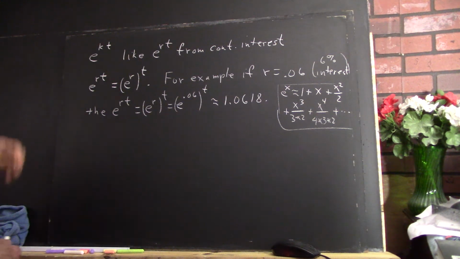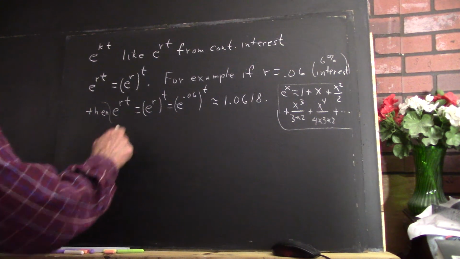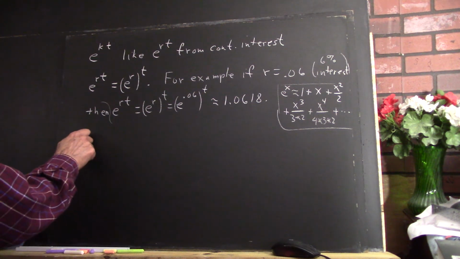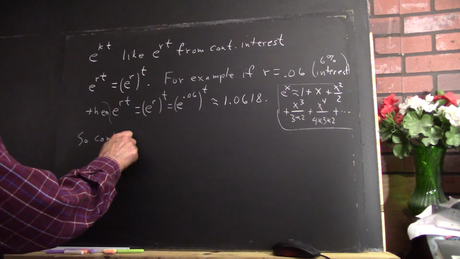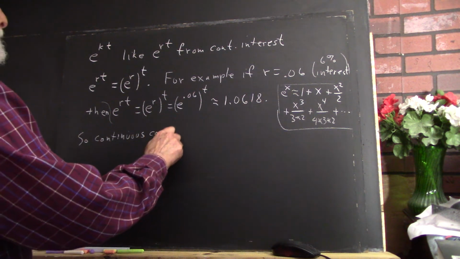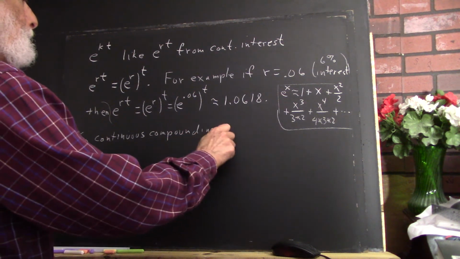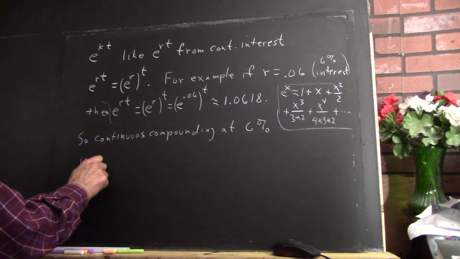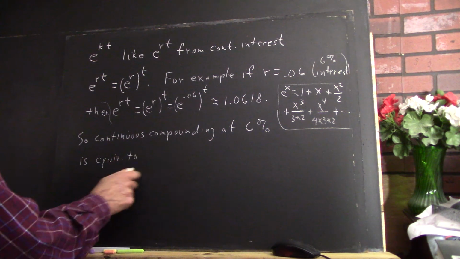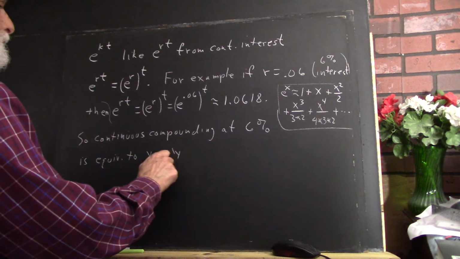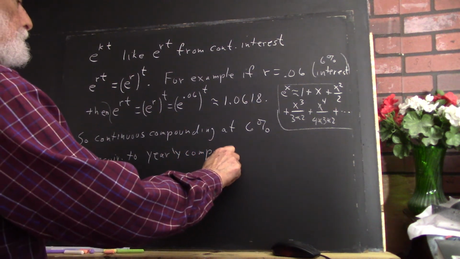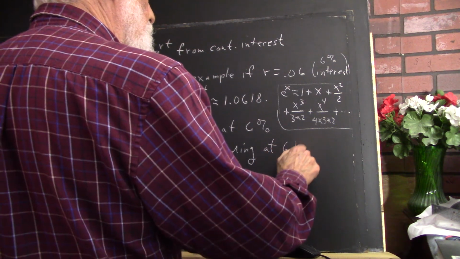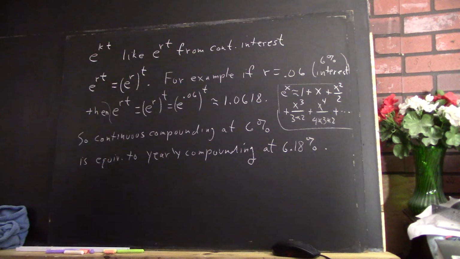Now, then, e to the rt equals. All this means is continuous compounding at 6% is equivalent to yearly compounding at 6.18%.